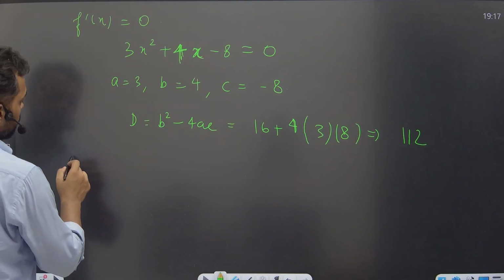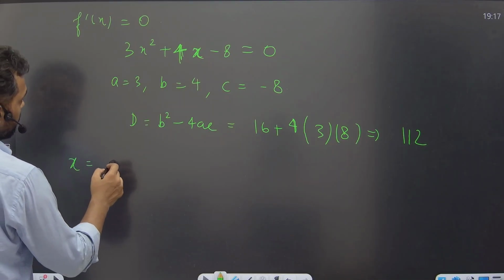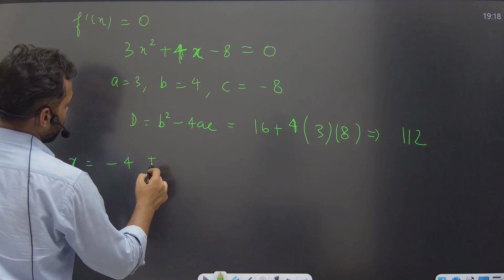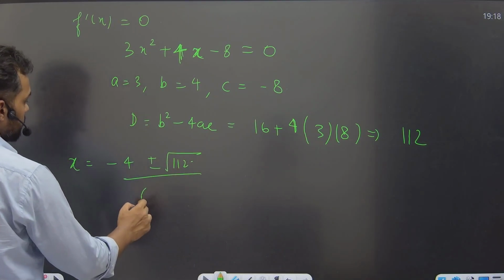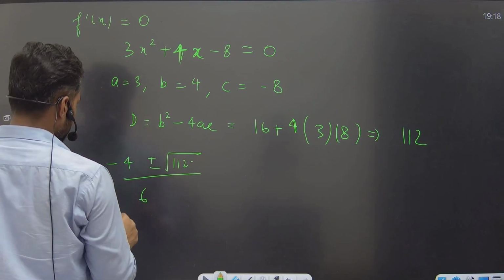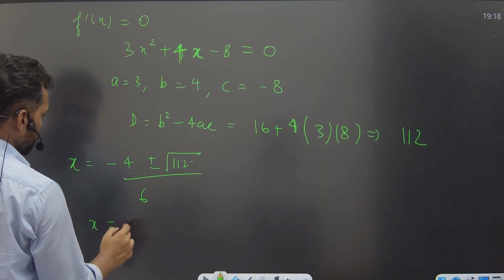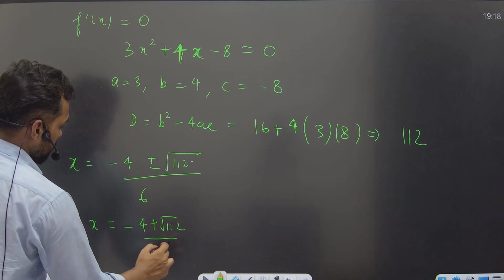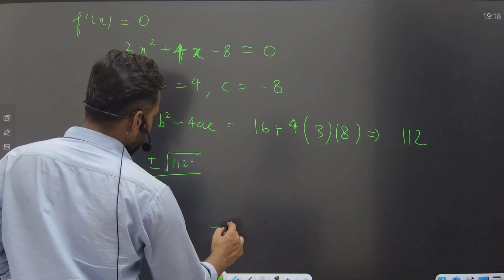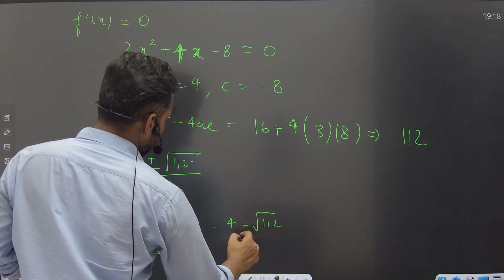So the values of x will be negative of 4 plus minus root of 112 upon 2a, that is 6. So x will be equal to, first, the plus part upon 6, and the second the negative part, root of 112 upon 6.